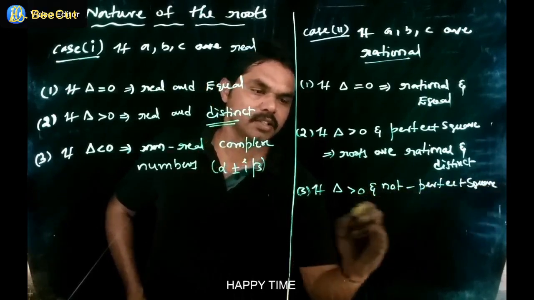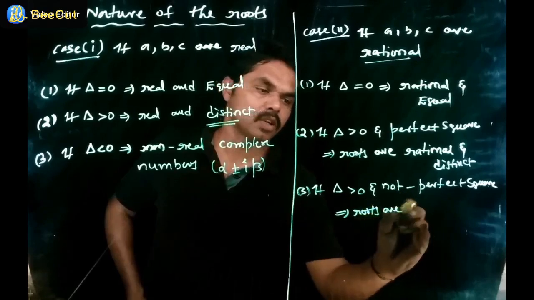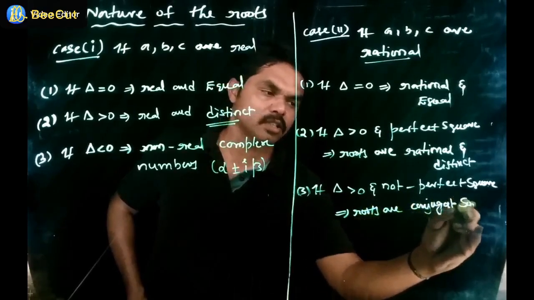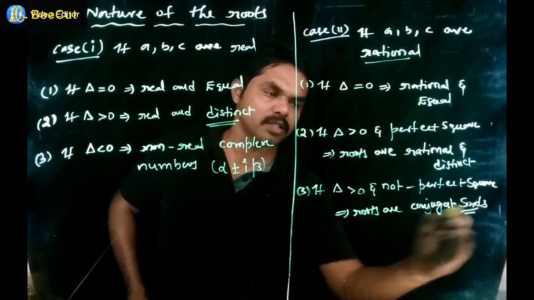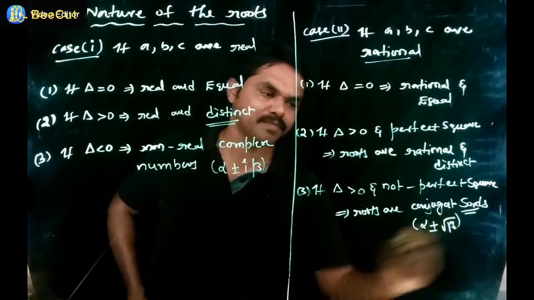Third point, if delta is greater than 0 but not a perfect square, in this case roots are conjugate surds. Conjugate surds means roots must be in the form of alpha plus or minus root beta.